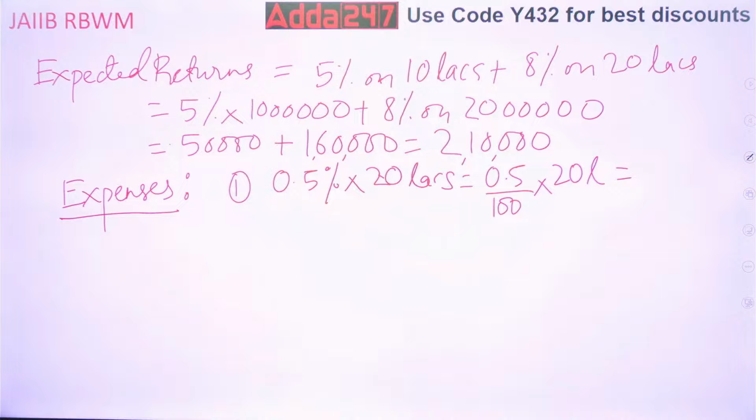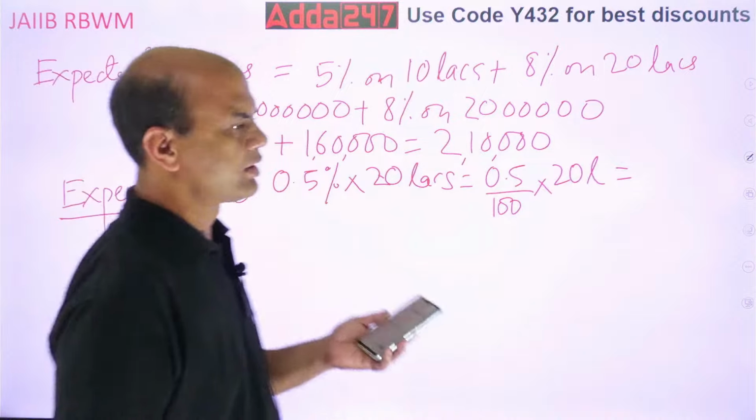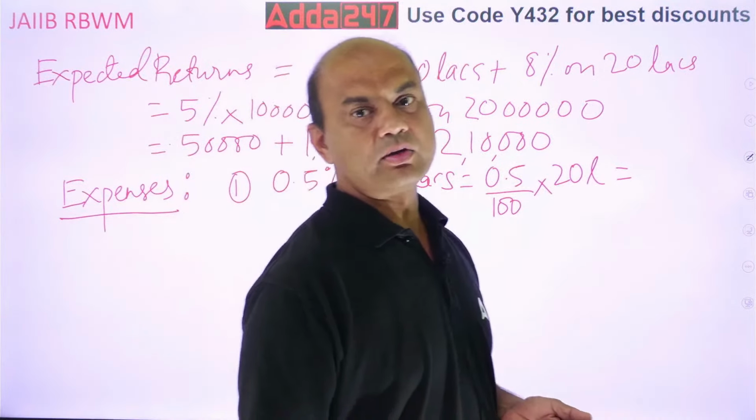It is lakhs. So use the calculator, don't try it orally. 0.5 upon 100 into 20 lakhs.